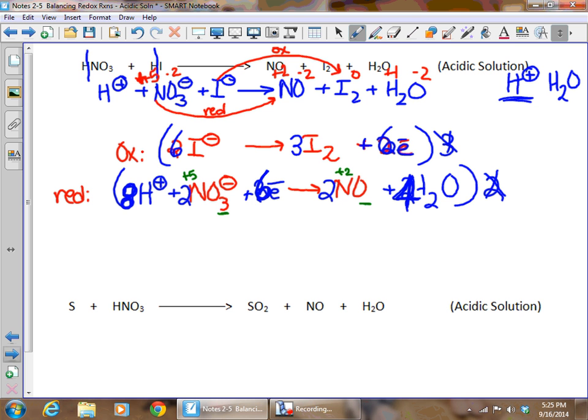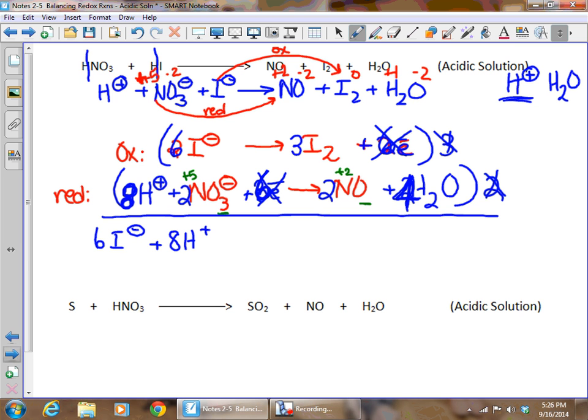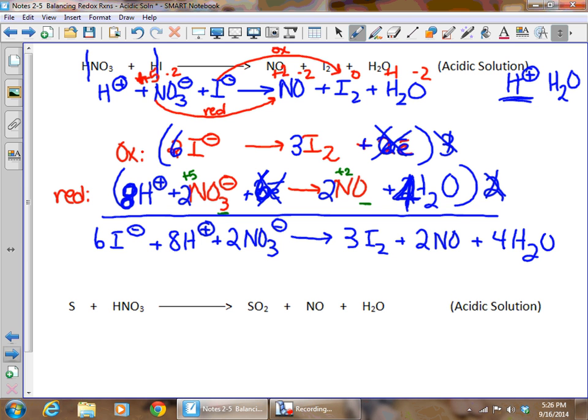So now electrons cancel. I'm going to be left with 6 I minuses, 8 H pluses, 2 NO3 minuses. On the other side, I've got 3 I2s, 2 NOs, and 4 waters.